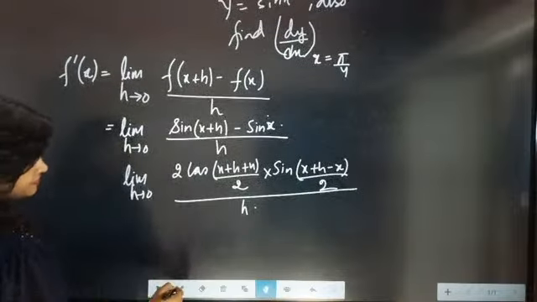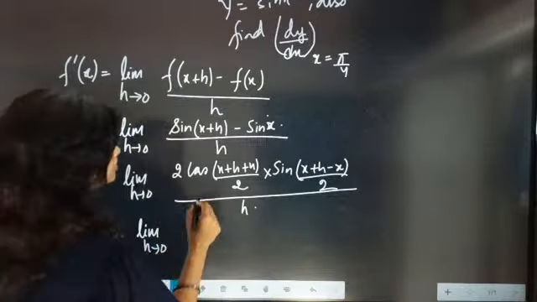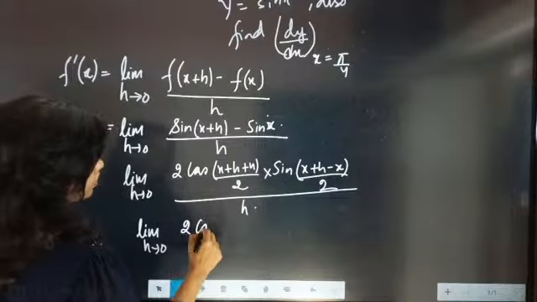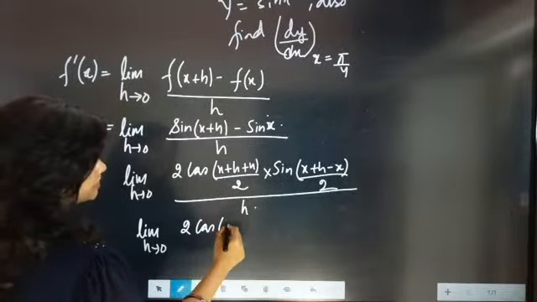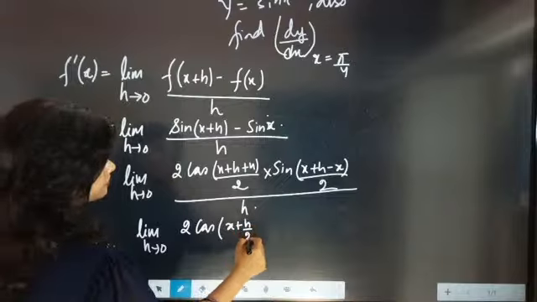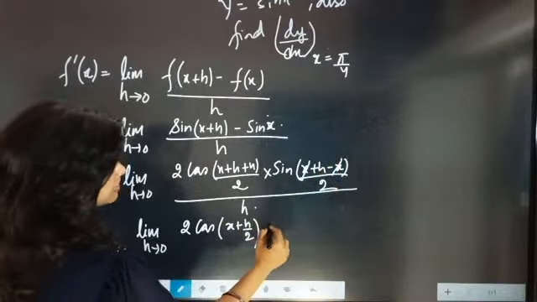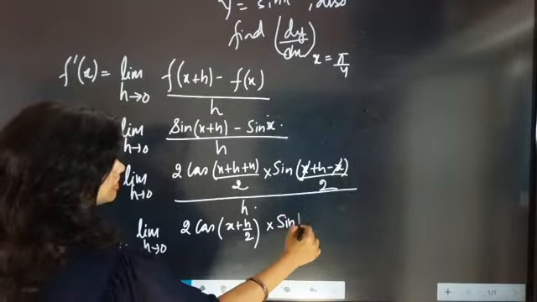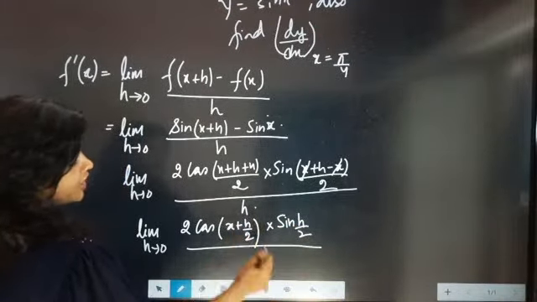With h in the denominator, limit h tends to 0, it will become 2 cos of x plus h by 2 times sin of h by 2, and here x and x cancel. Now down here h is there.